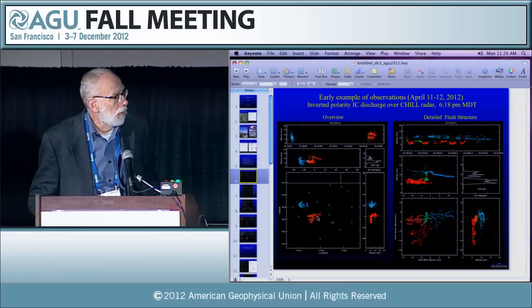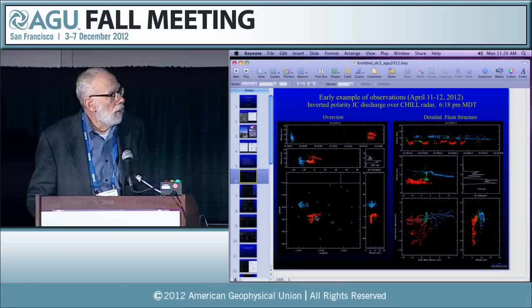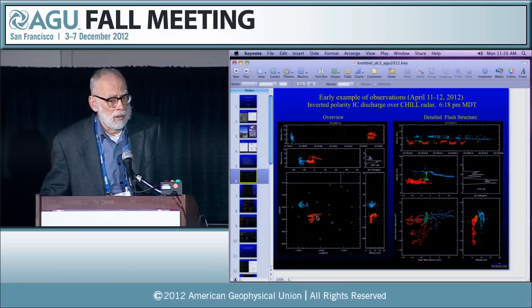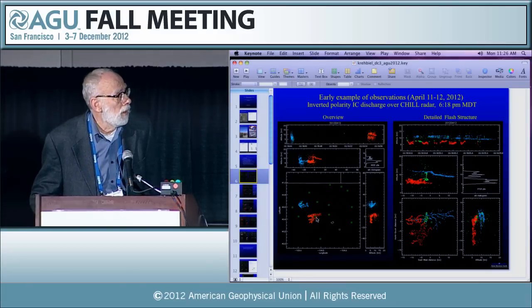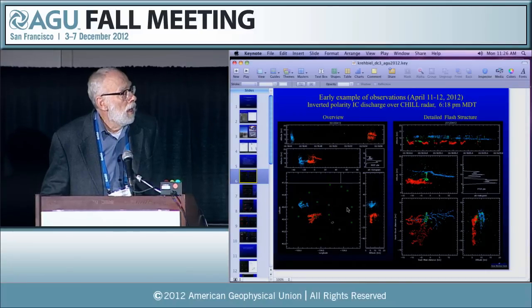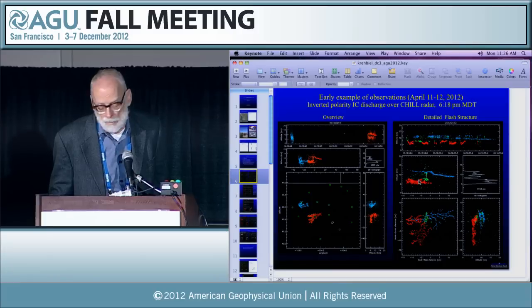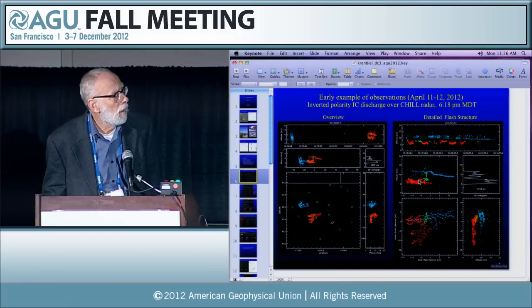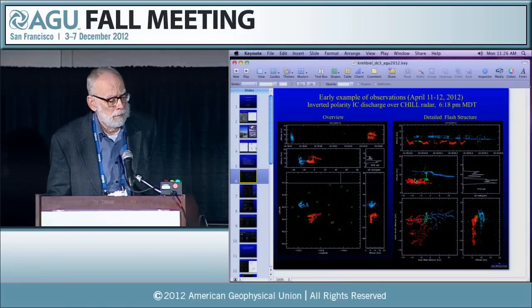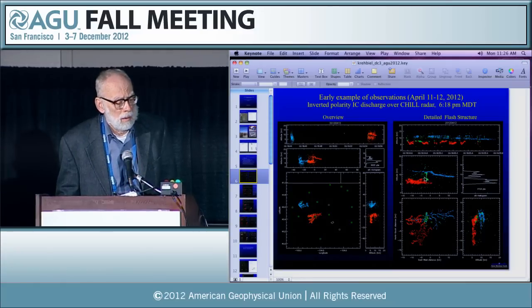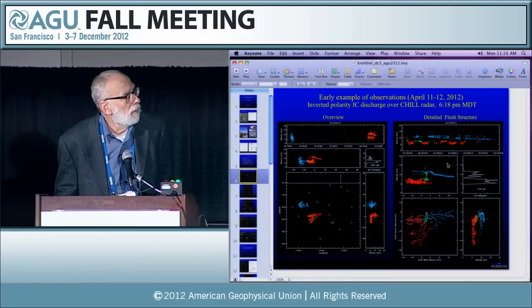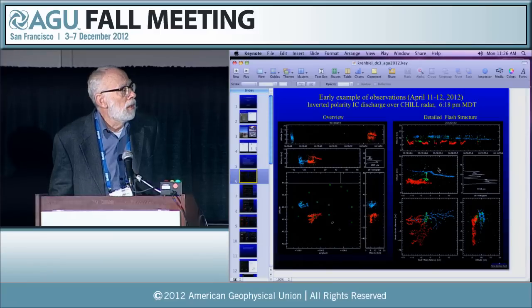The one we're going to concentrate on is this one here. It was located directly over the CHILL radar site, which is that little green square right there. If we zoom in on that, we can see that it's a bi-level intracloud flash.